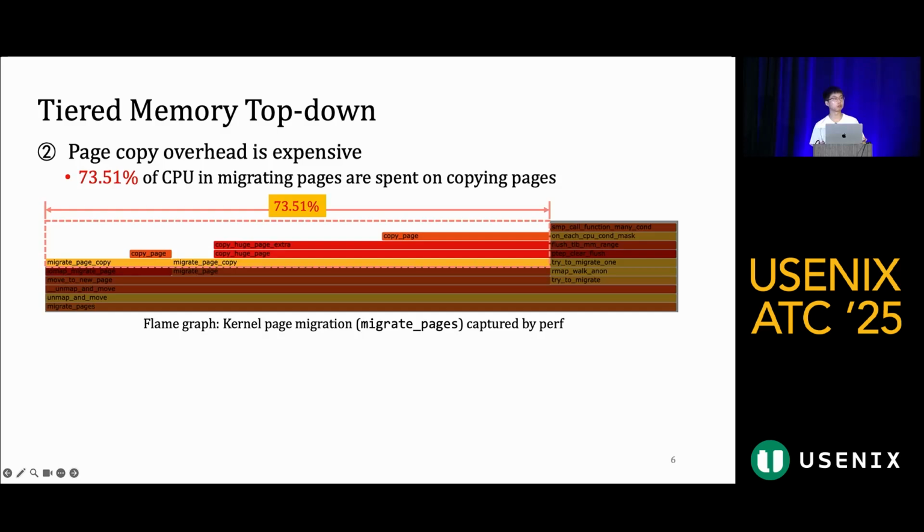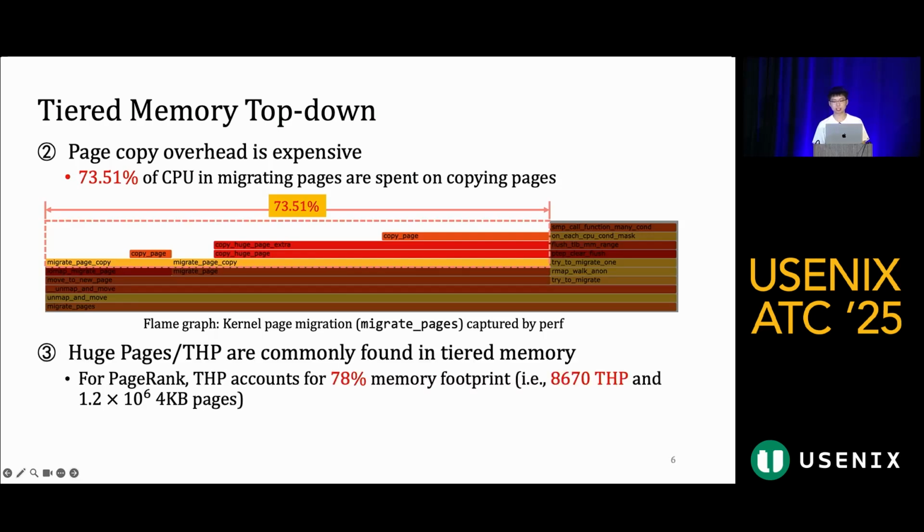This includes both 4 kilobyte base pages and 2 megabyte transparent huge pages, suggesting that huge pages are commonly found in tiered memory. For the PageRank workload, during the migration, there are over 8,000 transparent huge pages and around 1.2 million 4 kilobyte pages, with huge pages accounting for 78% of the total memory footprint.